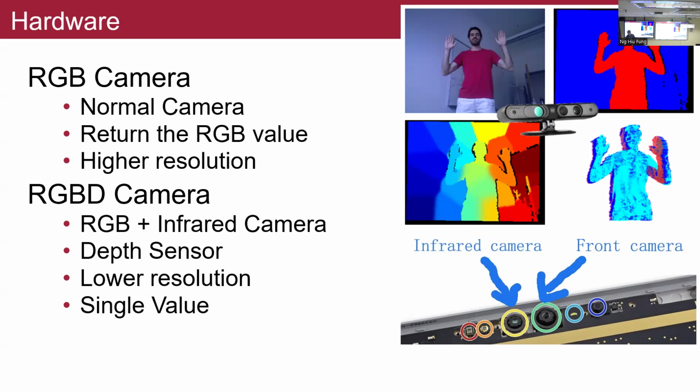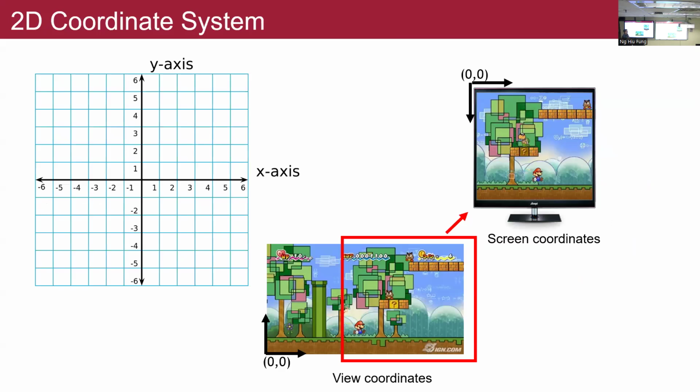Coordinates of the 2D image. It's easy, right? X-axis and Y-axis. So now you understand the X coordinate and Y coordinate. But the starting point of the origin will sometimes be different. For the view coordinate for your editing, most likely the origin is here, 0,0.